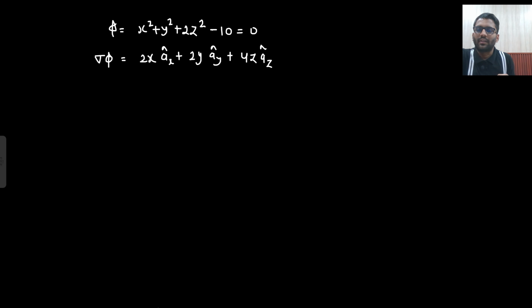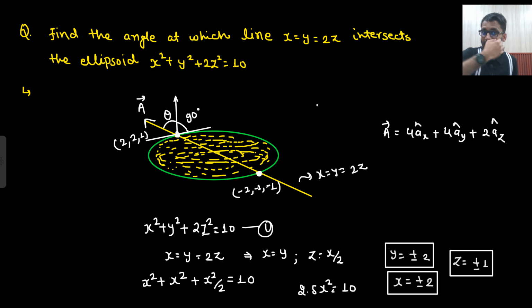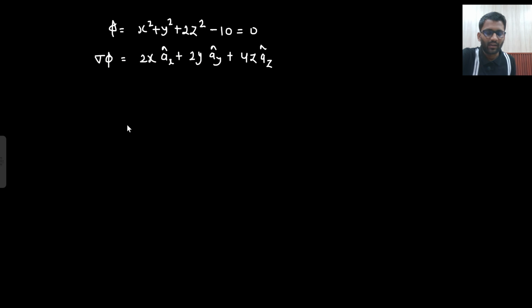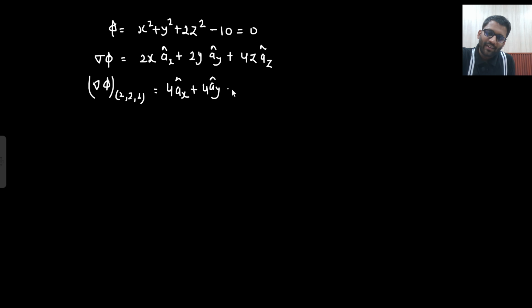First I am finding the gradient at which point? 2, 2, 1. So that gives 4 ax cap, 4 ay cap plus 4 az cap. So what will be your unit vector? Unit perpendicular vector would be 4 ax cap plus 4 ay cap plus 4 az cap divided by its magnitude.